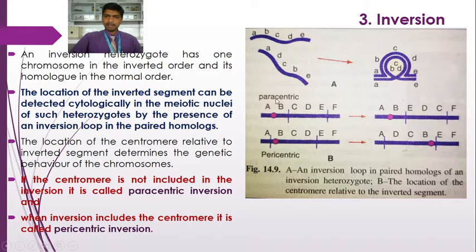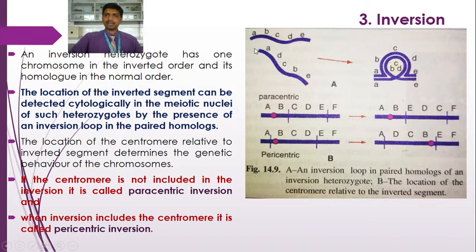The difference between paracentric and pericentric inversion is that in paracentric inversion the centromere is not included in the inversion, while in pericentric inversion, the inversion includes the centromere. So these are the two types of inversion, and cytologically the inversion is detected by the formation of an inversion loop.